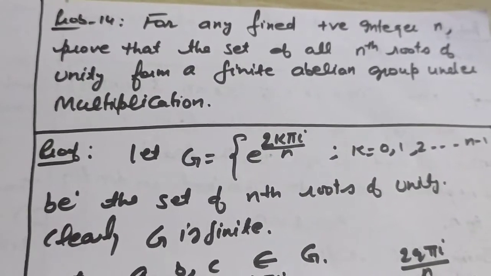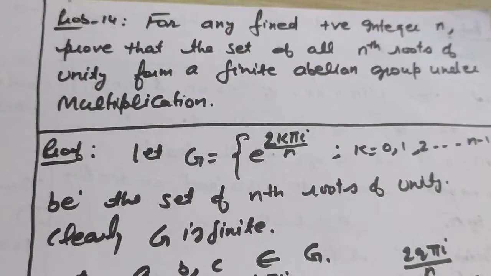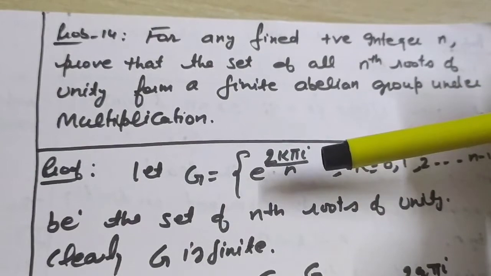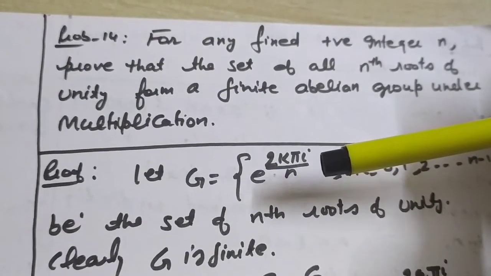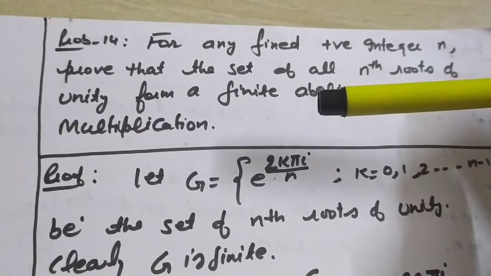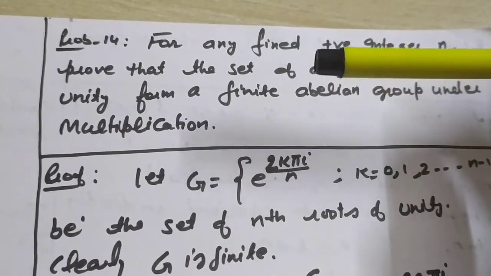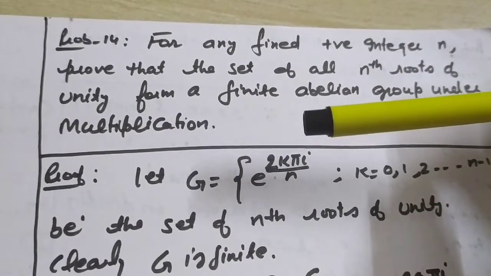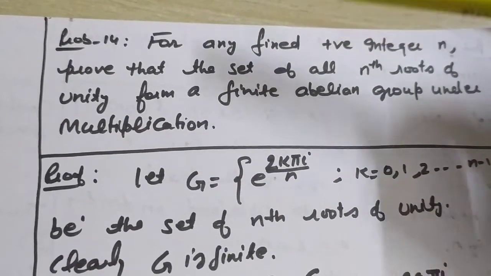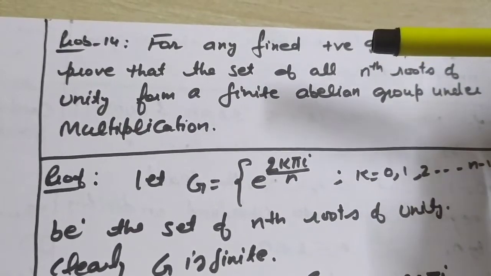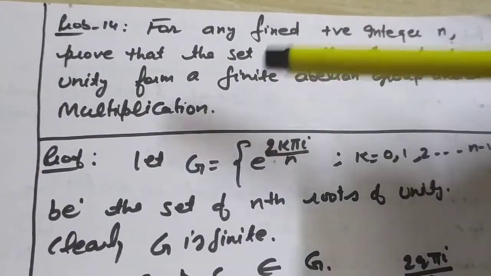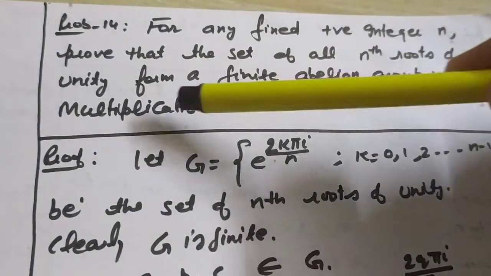And nth roots of unity are generally denoted by e raised to 2k pi iota over n. And in today's example, I have taken the set of nth roots of unity, and I will prove that this set of all nth roots of unity will form a finite abelian group under multiplication.